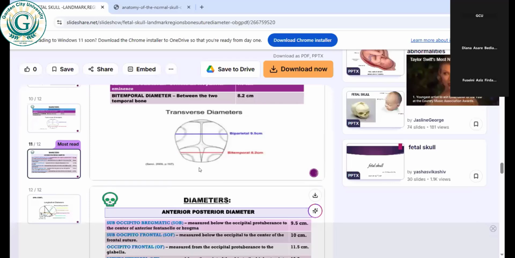The attitude of the head determines which diameters will present in labor and therefore influences the outcome.